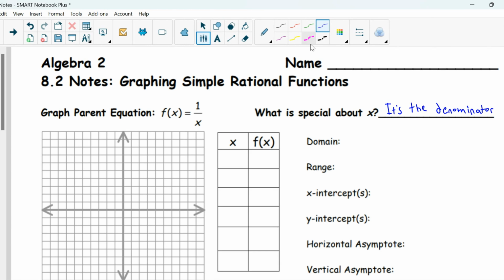All right, and one special thing just to realize when x is our denominator is that x cannot equal 0. If x equals 0, you would get an undefined solution.